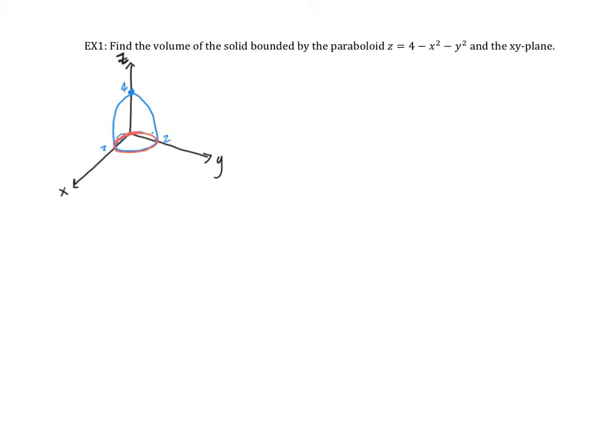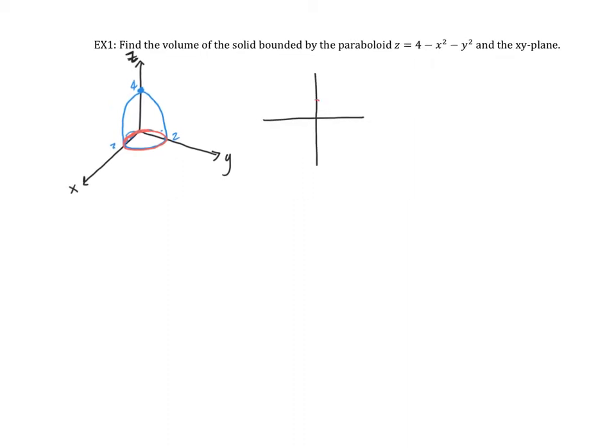If I was just looking at this region in the xy plane, what I have is this circle. I'm going to erase this whole circle because it's irritating me. Do it again. All right, so I have a circle, 2 to negative 2.